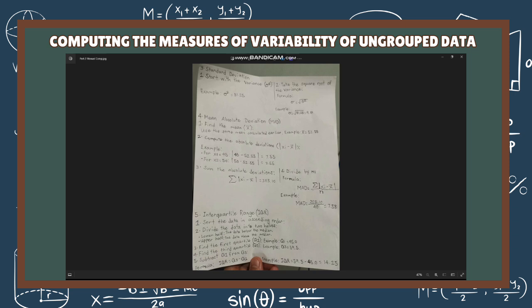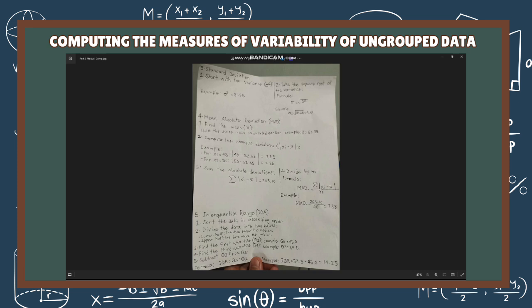Then step 3, find the first quartile, Q1. This is the median of the lower half. Example, Q1 equals 45.0. Then step 4, find the third quartile, which is Q3. This is the median of the upper half. Example, Q3 equals 59.5. Then last, step 5, subtract Q1 from Q3.